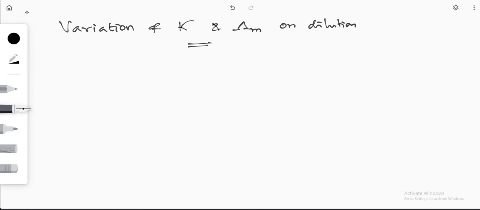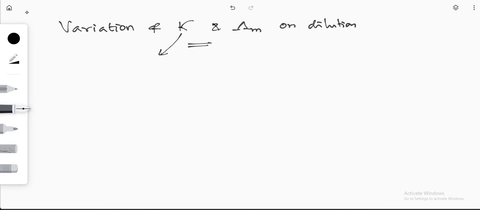Students, observe carefully. What is actually kappa? Kappa is the conductance of solution placed between two electrodes separated by 1 unit length, with area of cross section 1 square unit, or we can say 1 cubic unit.